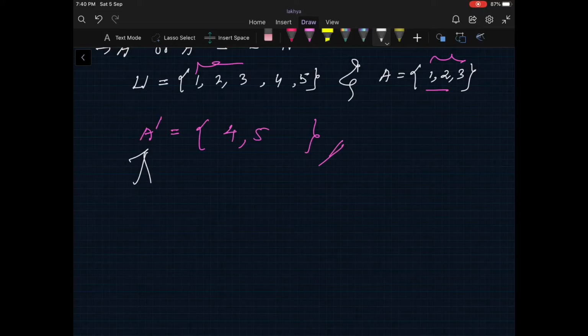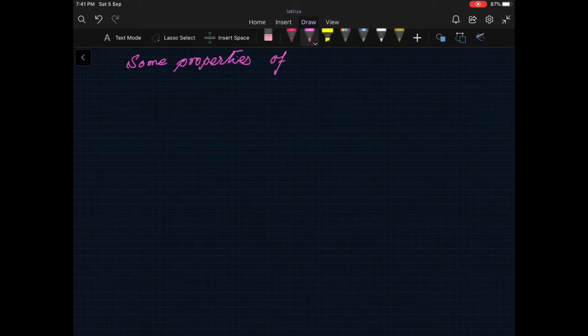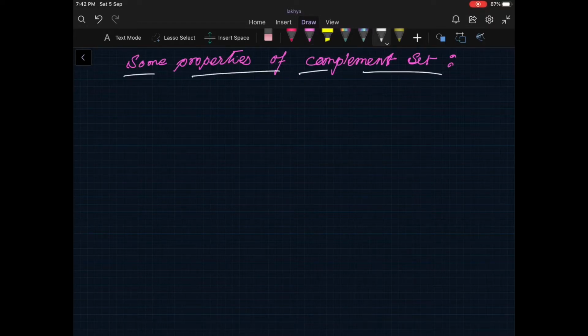Now let us discuss some properties of complement of sets. First, complement laws.